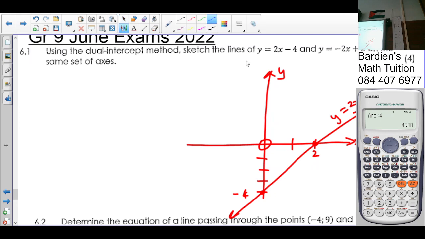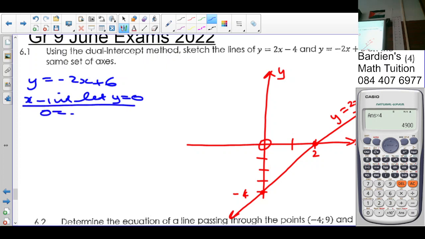Then the next part of the question, y is equal to negative 2x plus 6. For the x-intercept, we let y equal 0. So 0 is equal to negative 2x plus 6. So 2x is equal to 6, divided by 2, x is equal to 3. Then for the y-intercept, what do you do?